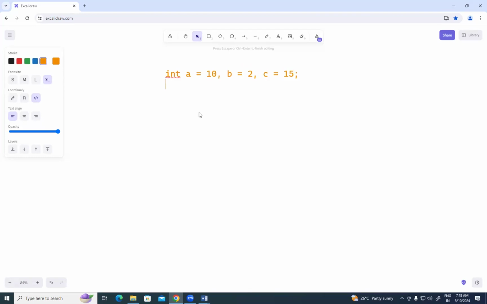Please understand me. If I write int d equals a plus b multiply with c. Folks, am I clear now? And if I write System.out.println of d, could you tell me what is the output of this expression?